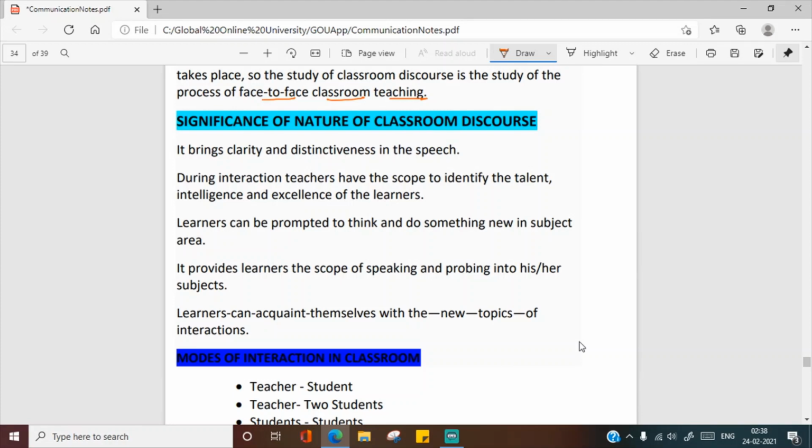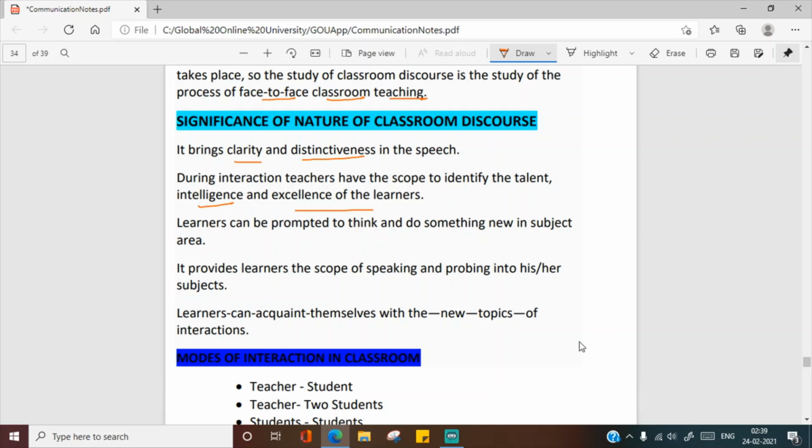Significance of classroom discourse. How does this help? It brings clarity and distinctiveness in the speech. Okay. During interaction, teachers have scope to identify talent, intelligence, and excellence of the learners. Learners can be prompted to think and do something new in the subject area.